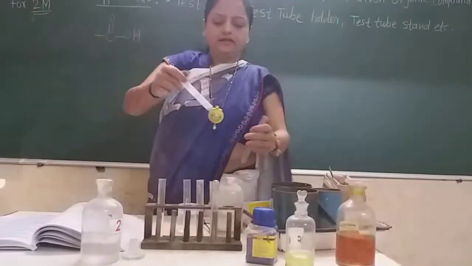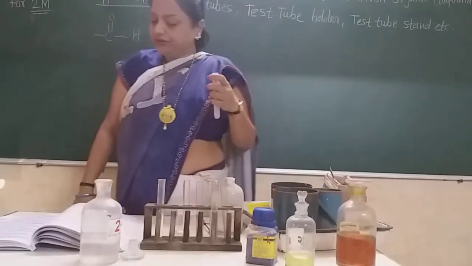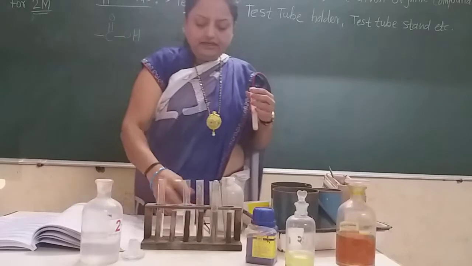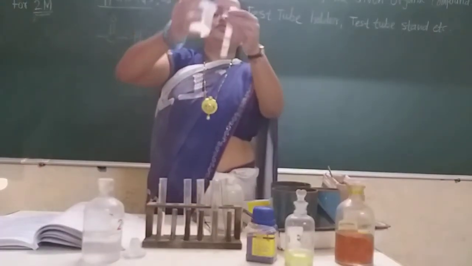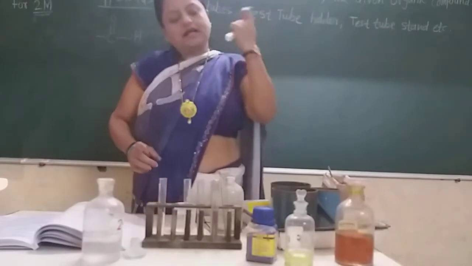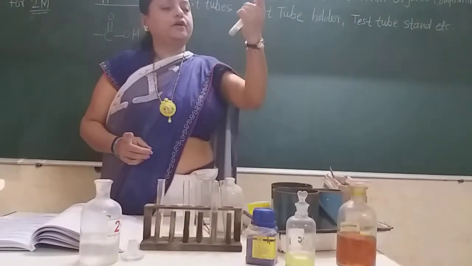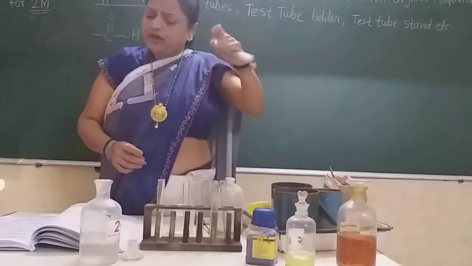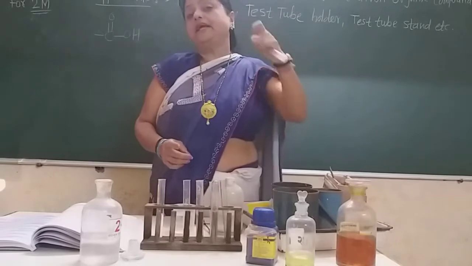Now I take here another compound which is given. Into that we have to add a little amount of water first. Shake vigorously. Try to dissolve the given organic compound into that water first, and then you have to add only the neutral FeCl3, ferric chloride solution.